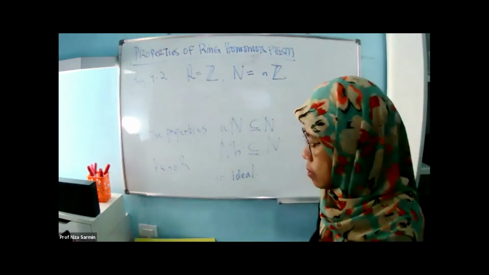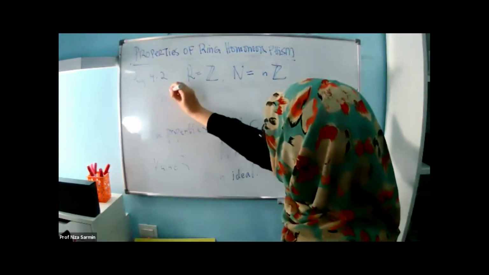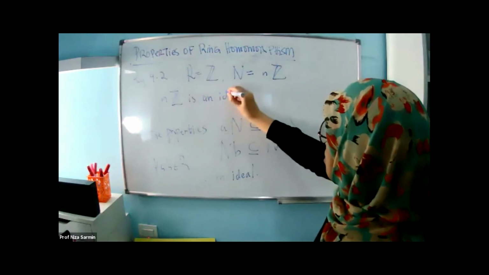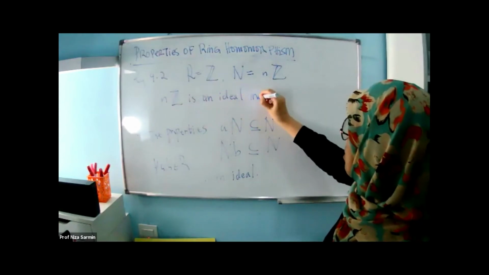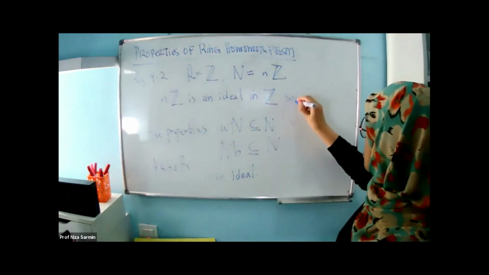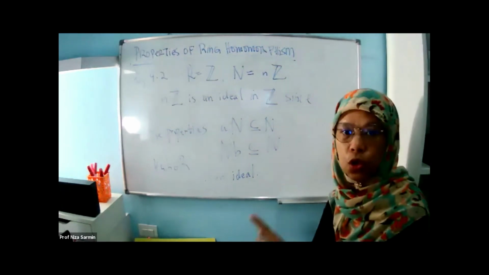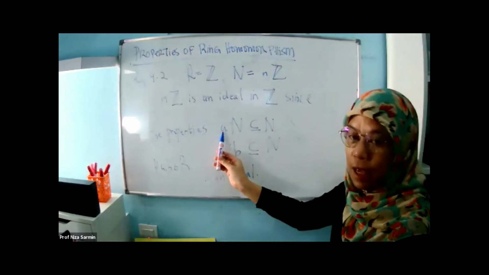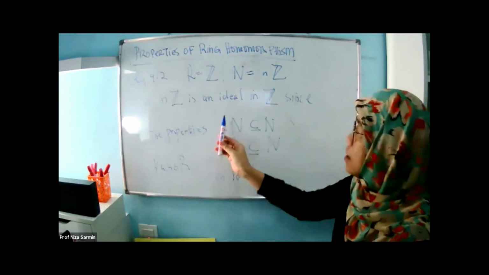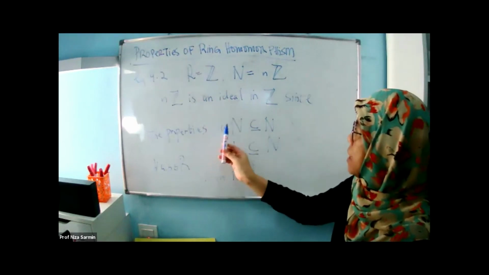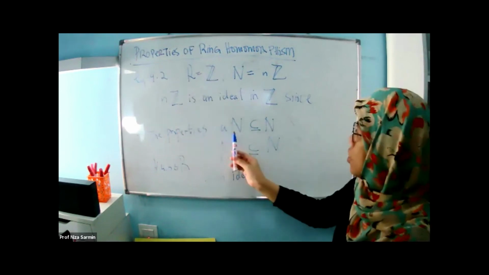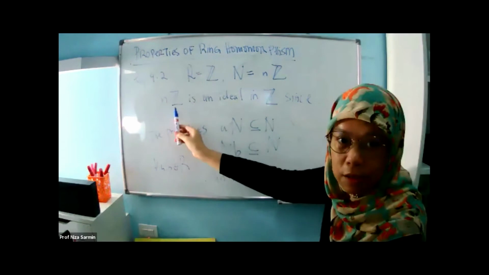So nZ is an ideal in Z. You have to show this: just take any element A in Z and multiply with the subring, so our N here is nZ.